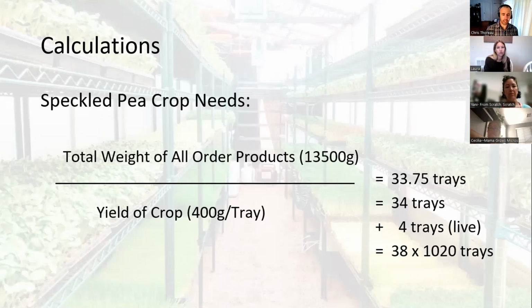So crop planning, like any spreadsheet or software work we do, is just a model. It's a representation of what we think will happen, crossed with what we hope will happen, crossed with what we expect will happen. And those things aren't always true. So we want to have some buffers and ways to adapt our system when things don't turn out as we think. So everybody up to speed there?